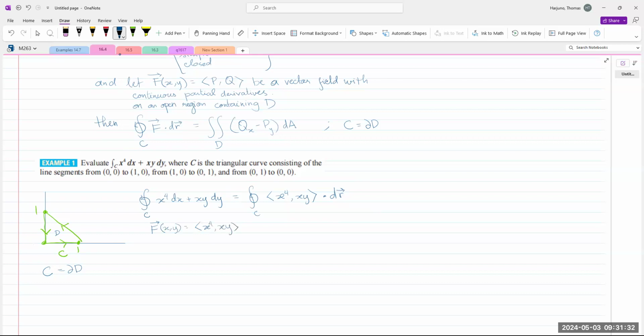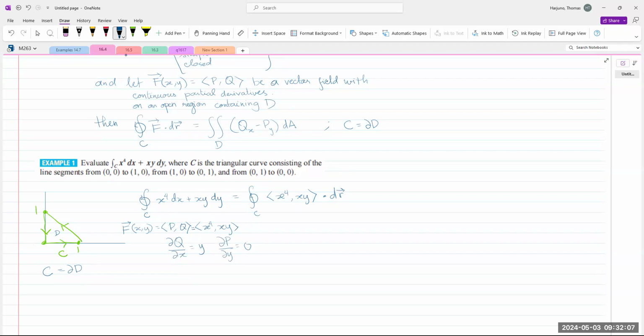That's our (P, Q). Now according to this theorem, Q sub x, dQ/dx, equals y, and dP/dy equals 0.